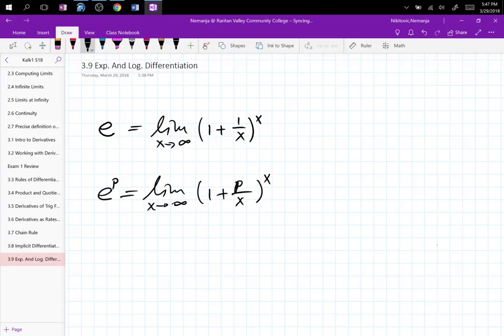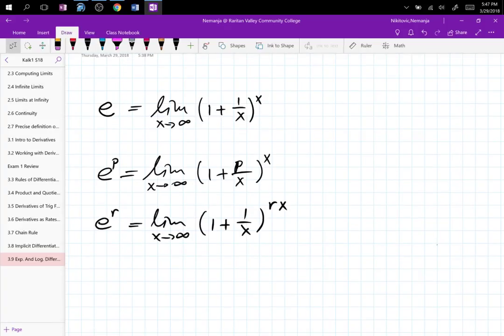So you can have the exponent there. Another modification would be e to the r, where the limit as x goes to infinity of (1 plus 1 over x) raised to the rx.